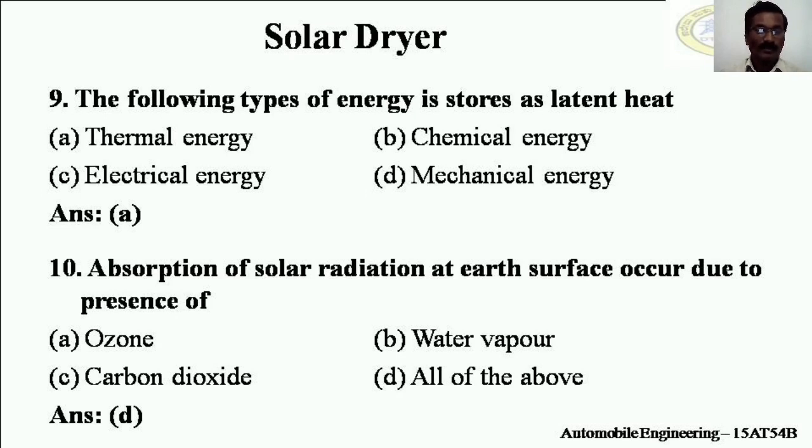Here, this atmosphere has the ozone layer, water vapor is also there, and carbon dioxide is also present. So all these three answers are correct. Particularly, as shown in answer D, all of them are correct.